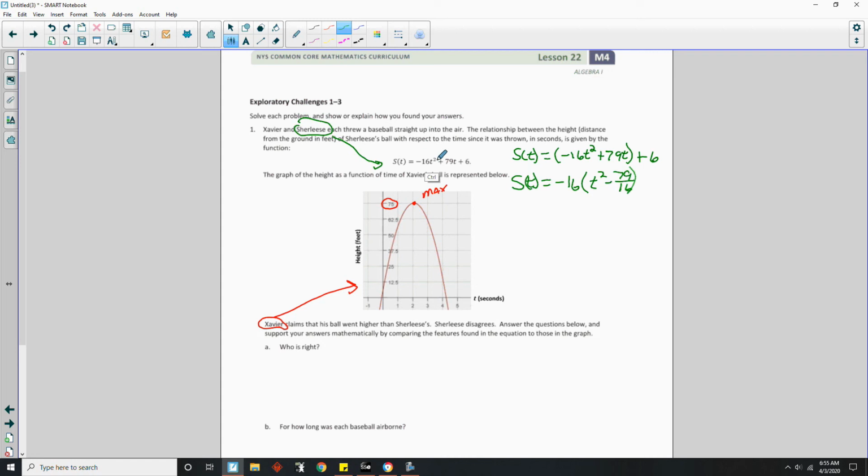Oops. T plus 6. Okay, so I factored out a negative 16. A negative times a negative is positive. These 16s would cancel and give me 79 back. And the t squared times negative 16 is negative 16t squared. So there's the first step. And then we take half of b and square it. So it's going to look like this.